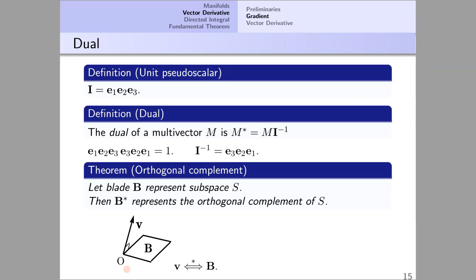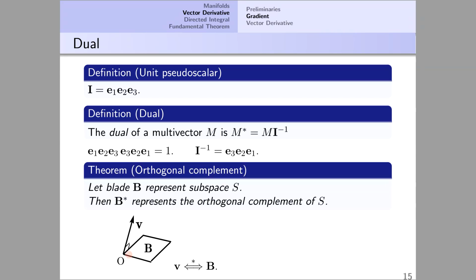here's the origin in R3, and here's a vector. That vector represents a certain subspace. Here's a bivector. That bivector is a subset of a two-dimensional subspace. And I want the vector and the bivector to be orthogonal, as indicated here.